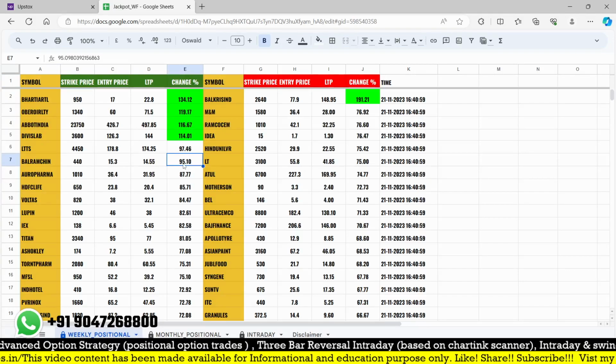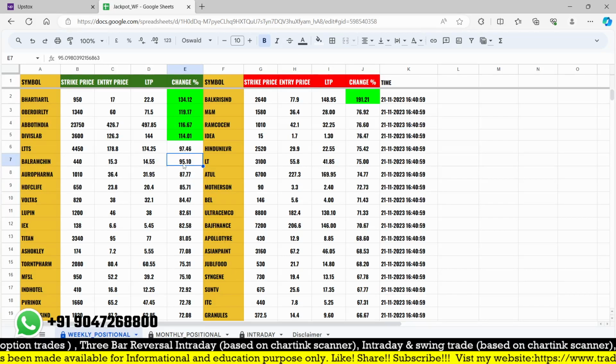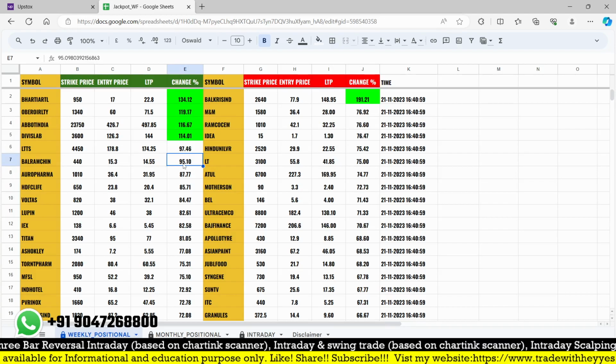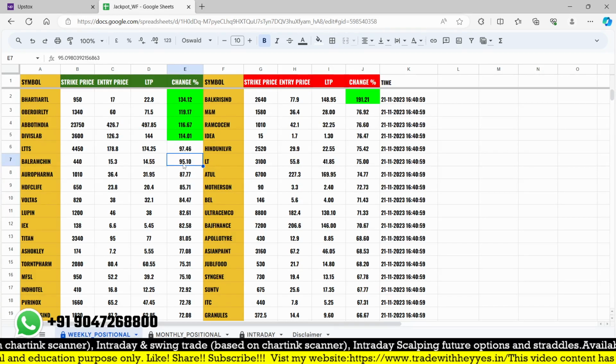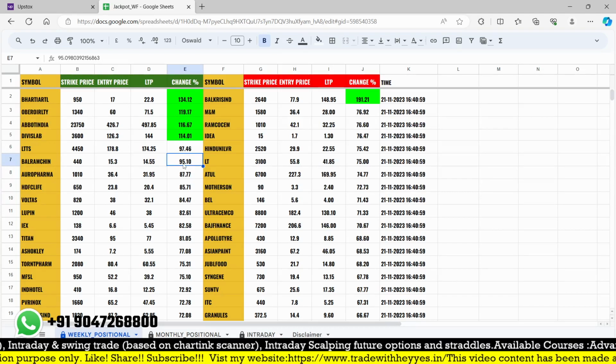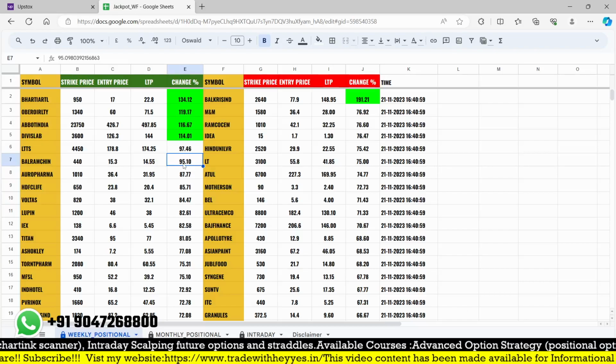And that should be a fresh breakout. A fresh breakout means the stock or the particular strike price should break the level after 9:30. Why are we ignoring the first 15 minutes? Due to gap up and gap down, some stocks may not give you the opportunity.